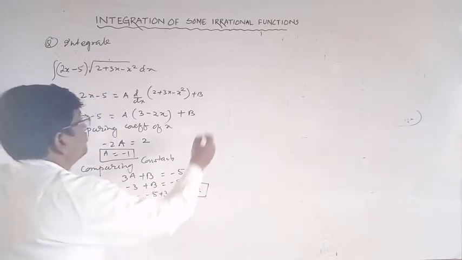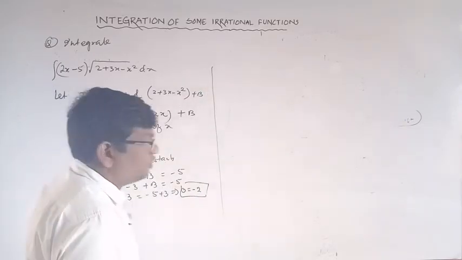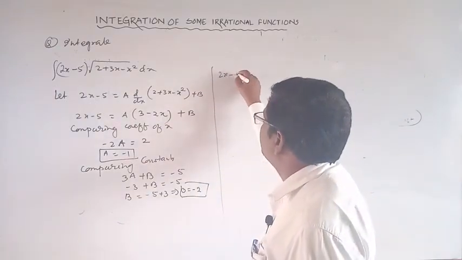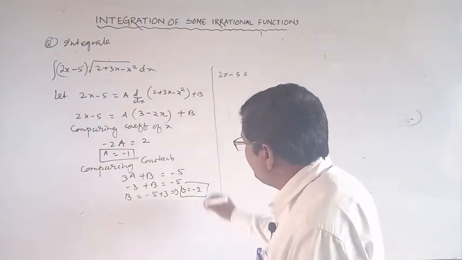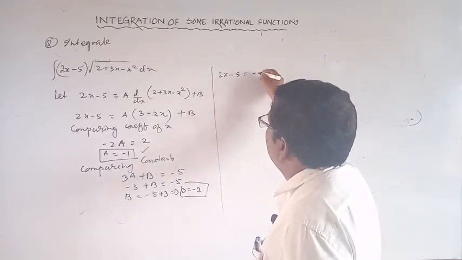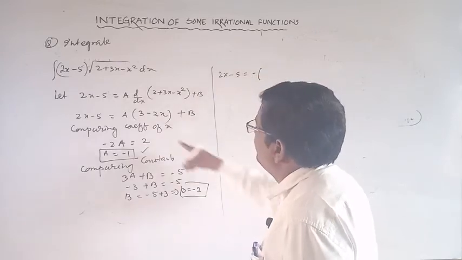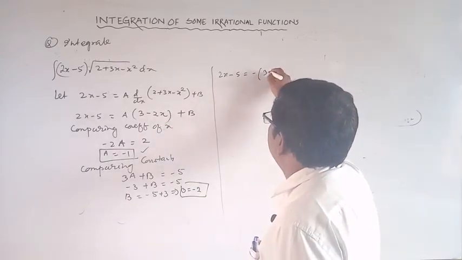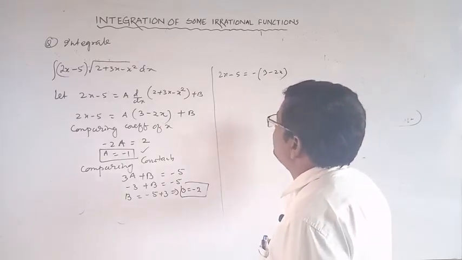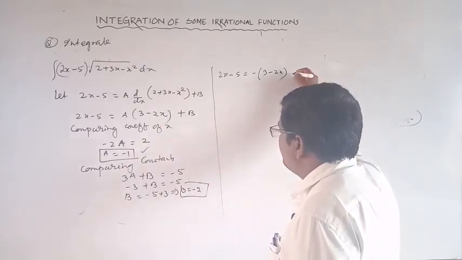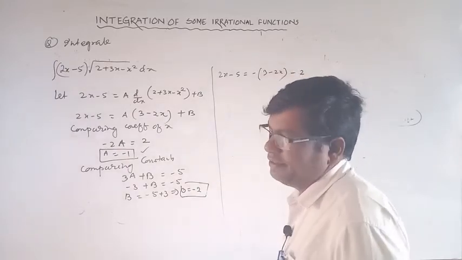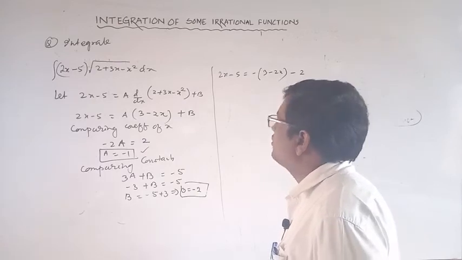Now we can write 2x minus 5 is equal to a, a means minus 1, so minus of 3 minus 2x, plus b, b means minus 2.